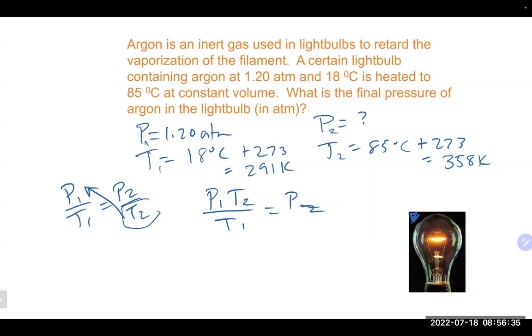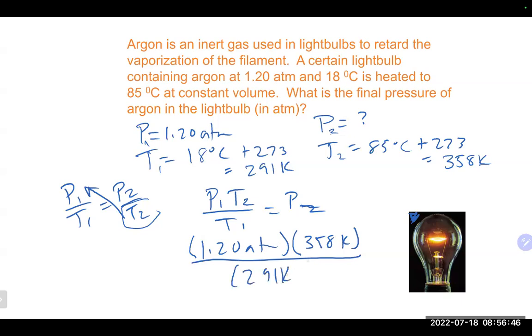Once again, we want to put our right numbers in the correct spots: 1.2 atmospheres times our T2, which is 358, divided by our 291 Kelvin, and that would equal our P2, which looks like 1.48 atmospheres, if I punch that in right.